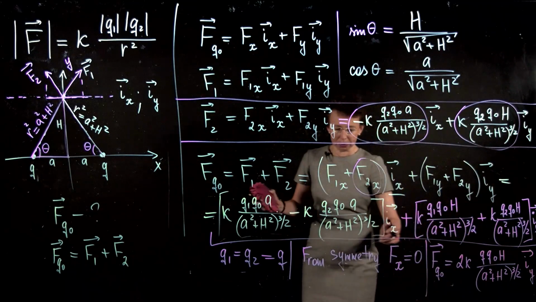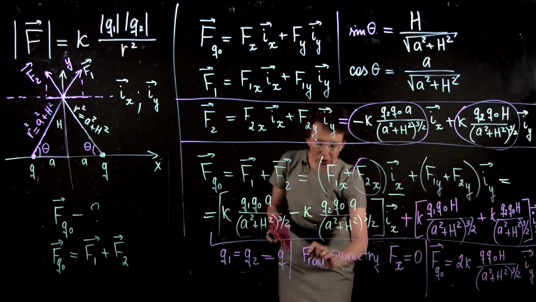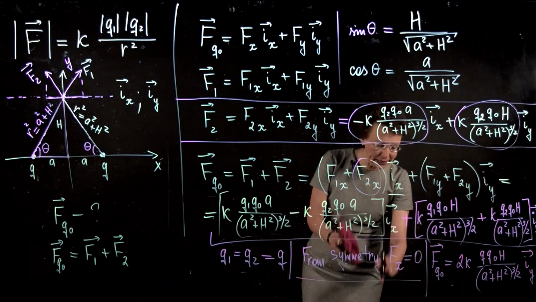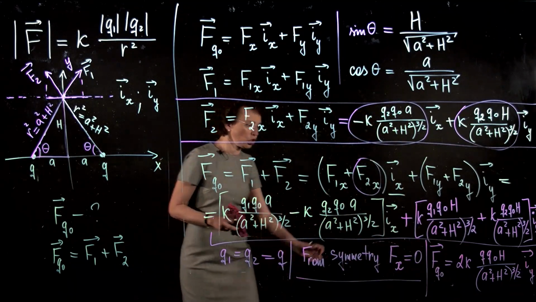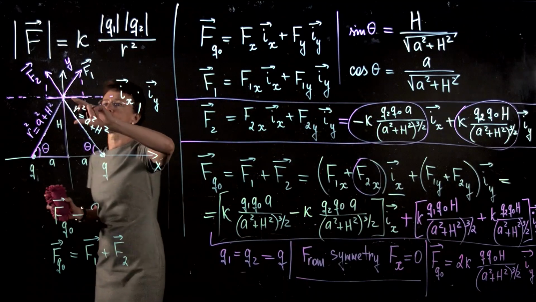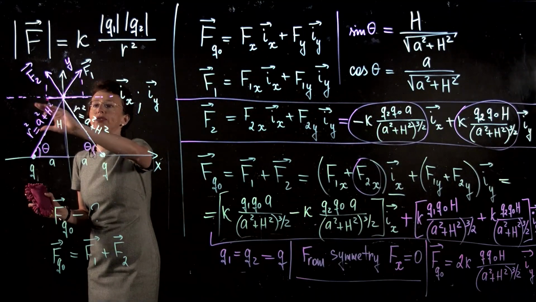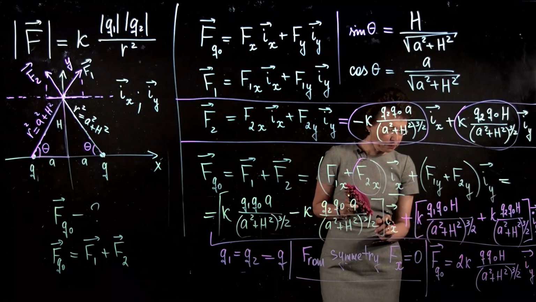So the problem will be much easier. From the very beginning, without writing x components, we just write from symmetry Fx is 0, find just the y component of force F1 or F2, and multiply it by 2. We found the resultant.